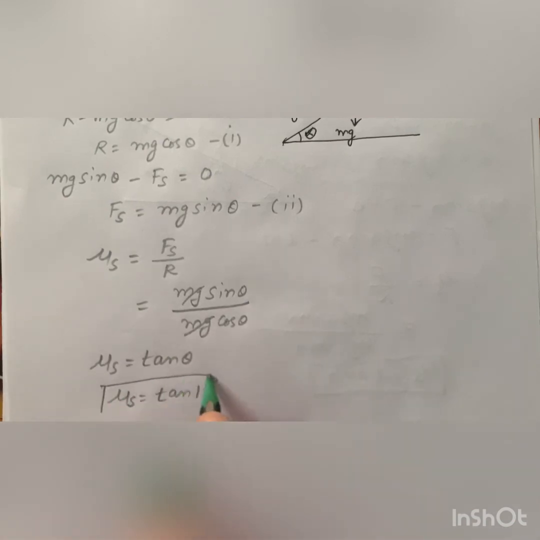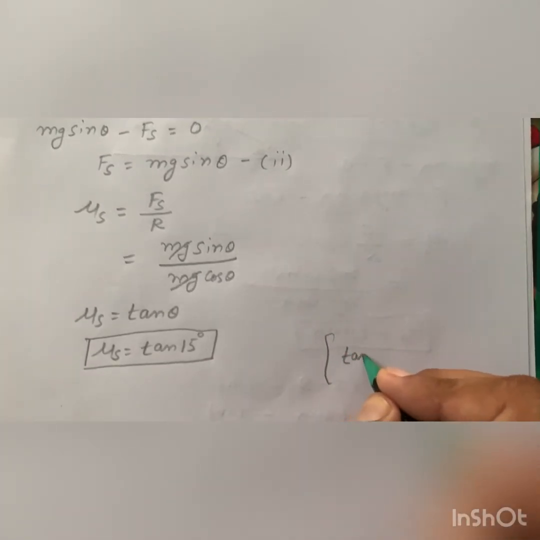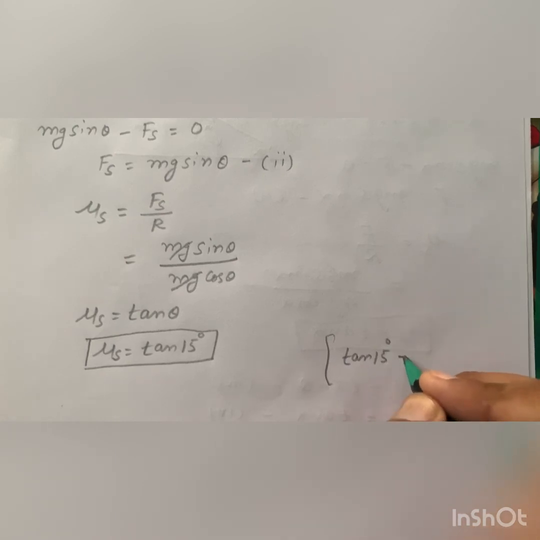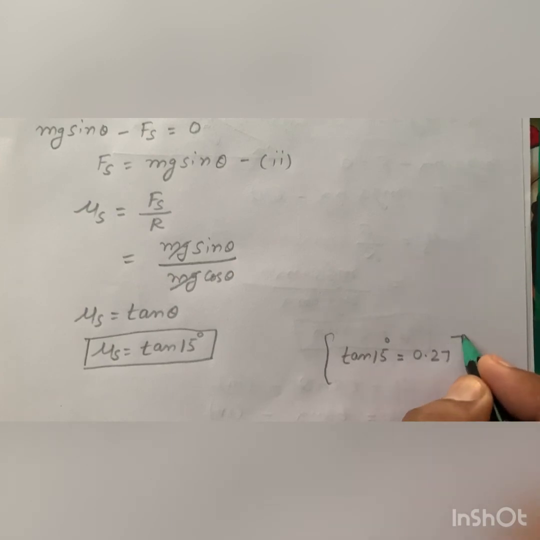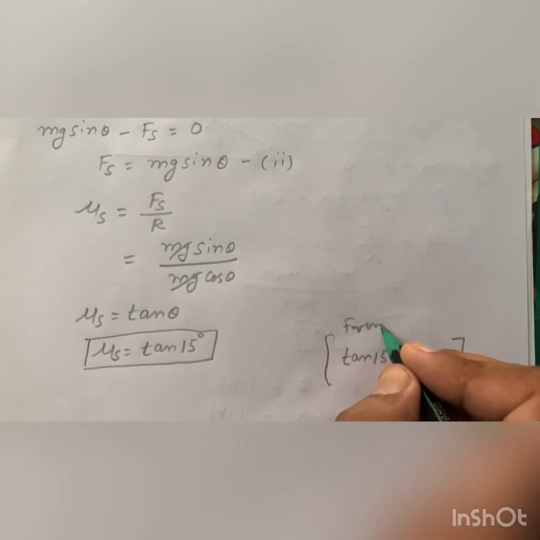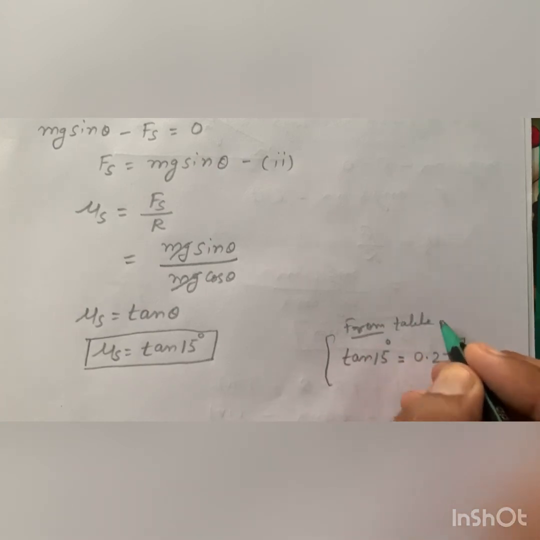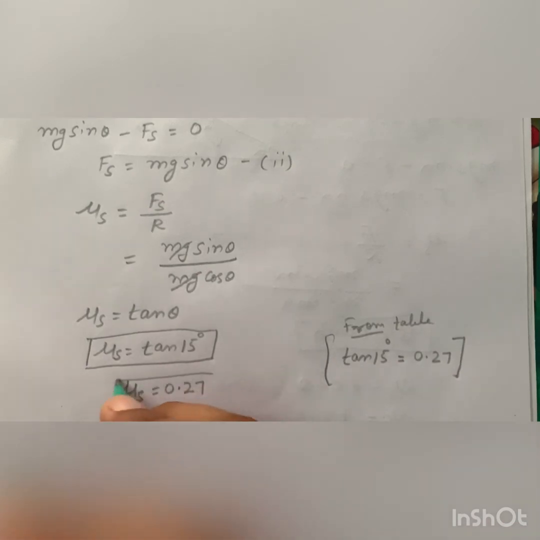Answer. Also we can write the value of tan 15 degrees equal to 0.27 from the table. From the table of tangent, the value of tan 15 degrees is equal to 0.27, or mu s is equal to 0.27. Answer.